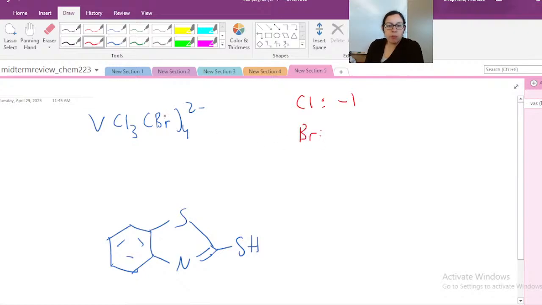Same thing with bromine. What should it be? So still -1. Based off of these, what oxidation state is our vanadium in?